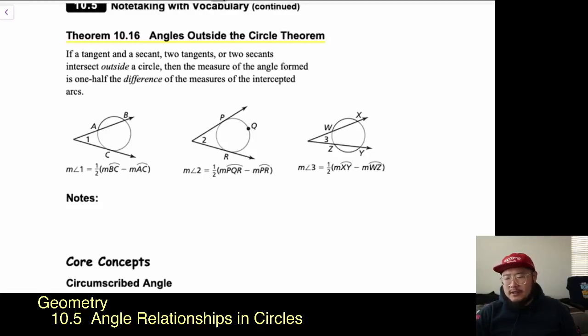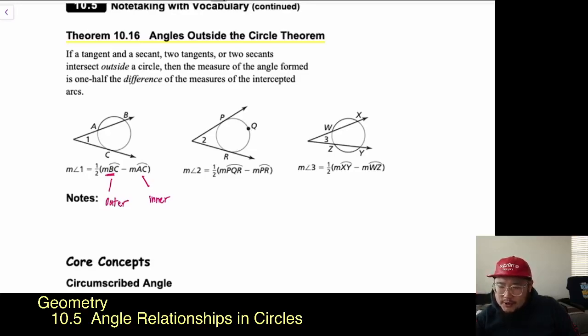How are they similar? If we take a look at the equation right here, for the first one, the measure of angle 1 is equal to 1/2 of the measure of arc BC. That right there is the outer arc. The measure of arc AC is the inner arc, in relation to the angle.